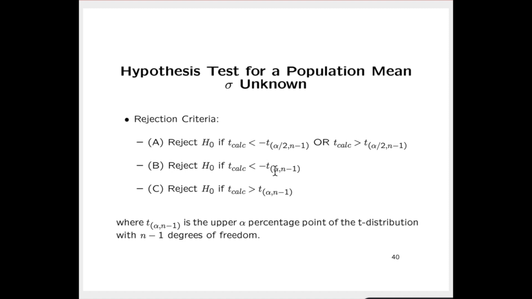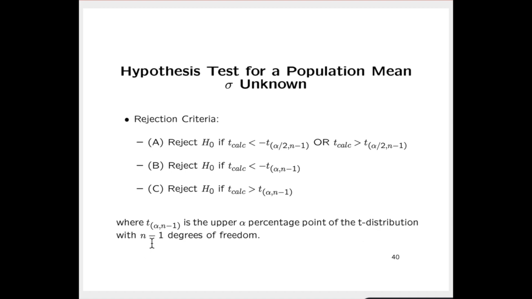Now, again, what are these t values here? Well, these are very similar to z values. So for example, t sub alpha comma n minus 1 is defined to be the upper alpha percentage point, not of the standard normal distribution, but of the t distribution with n minus 1 degrees of freedom.